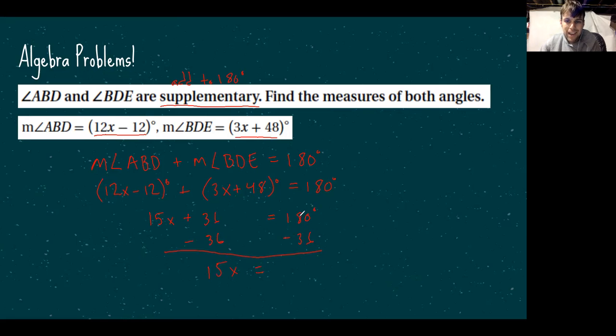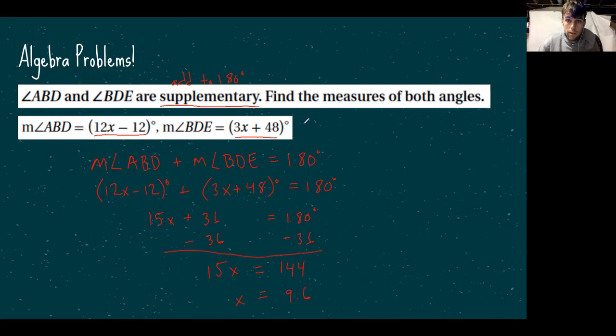All right, so 180 minus 36. So minus 30 is 150, 144. And then when I divide that, 144 divided by 15. So grab my calculator here. 144 divided by 15, I get 9.6.